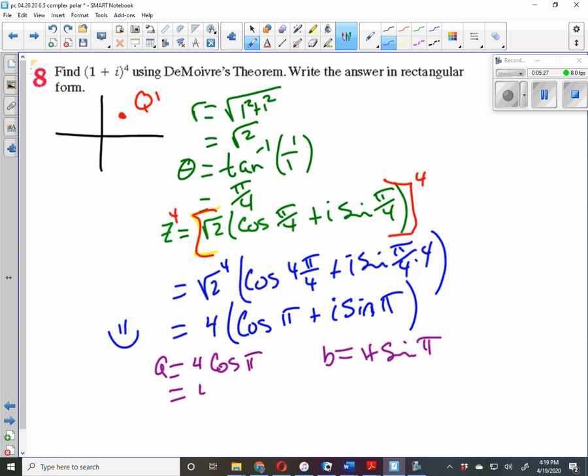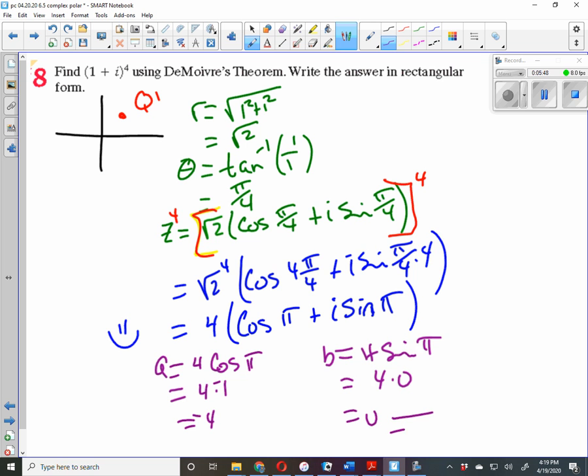Cosine of pi is negative 1, 4 times negative 1, which is negative 4. 4 times the sine of pi is 0.